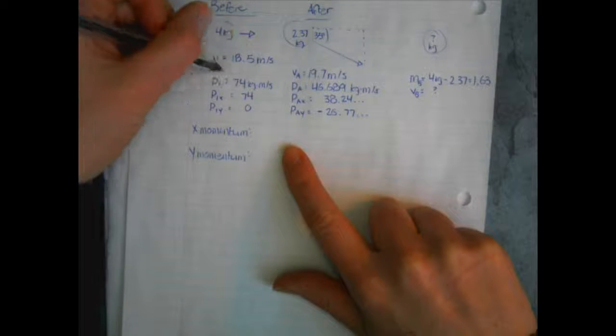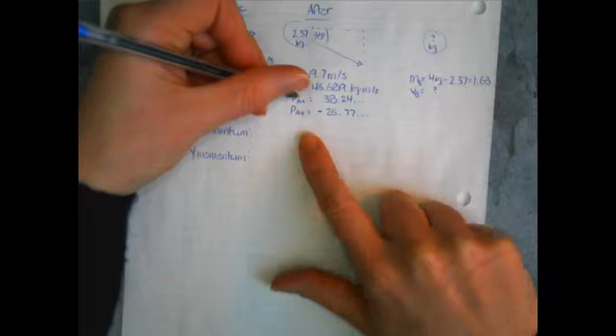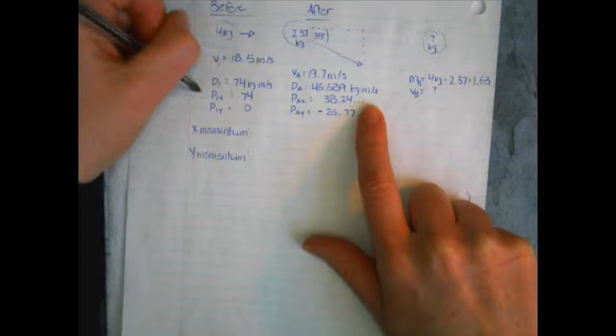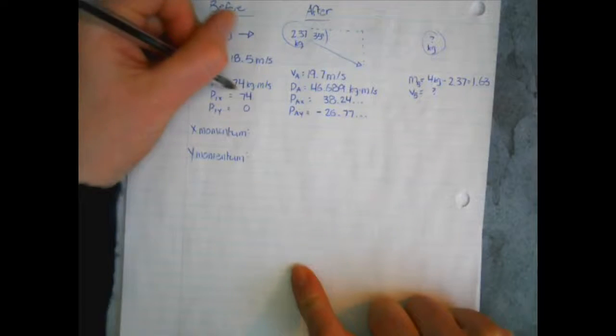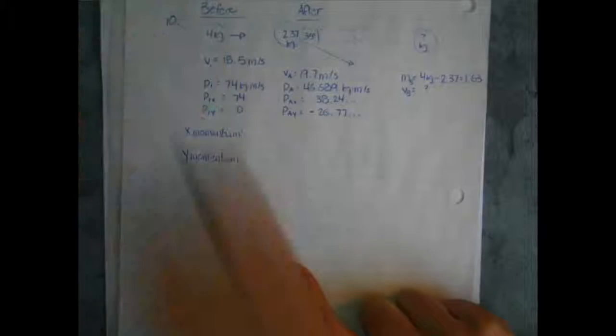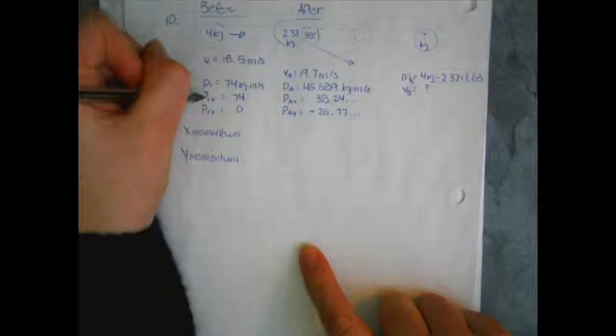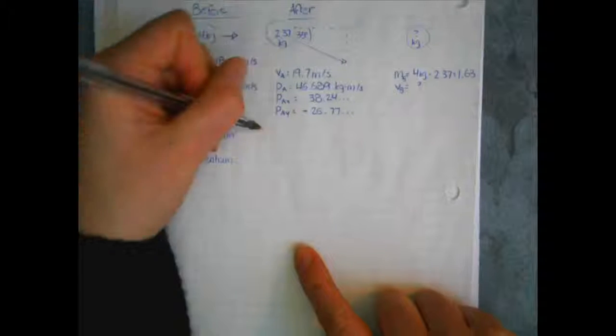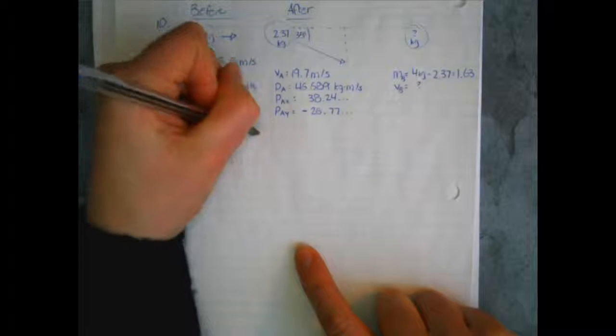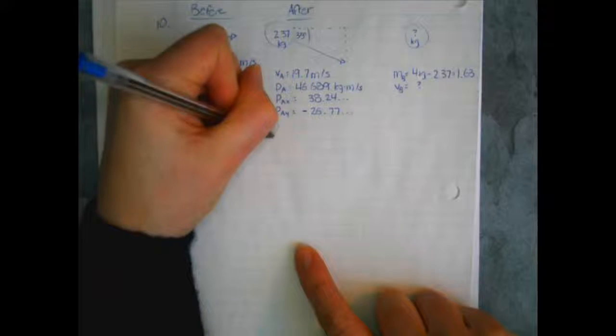Okay, so remembering that your before x is going to be equal to the sum of your after x's in this case, or if you would have had more than one before, it would have been the sum of your befores is equal to the sum of your afters. So basically what we can say here is 74 was our total x momentum before, kg meters per second.